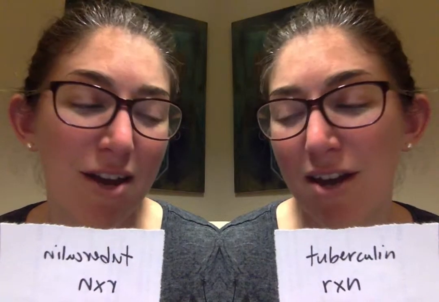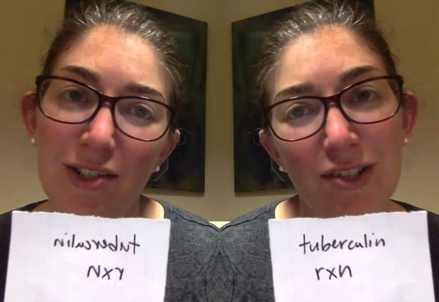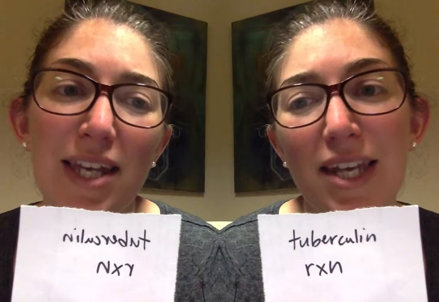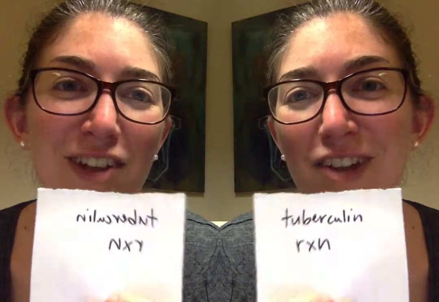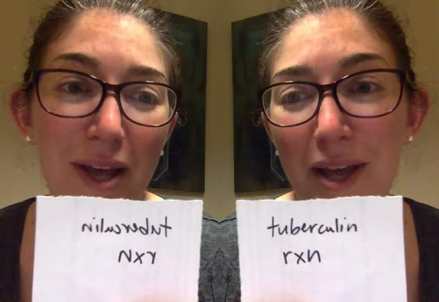If you're positive for tuberculosis, you'll have a hypersensitive reaction to that tuberculin protein. It's also called a PPD test, purified protein derivative, I think, because they're just injecting this tuberculin protein in your arm and looking for a swelling reaction.